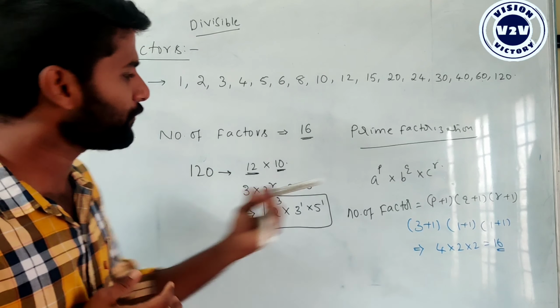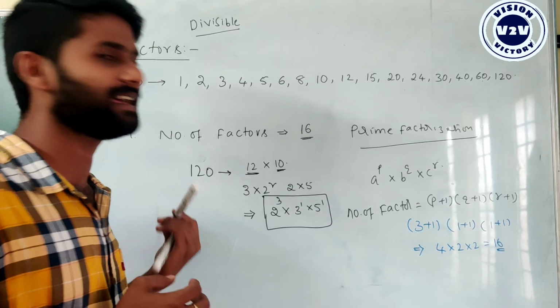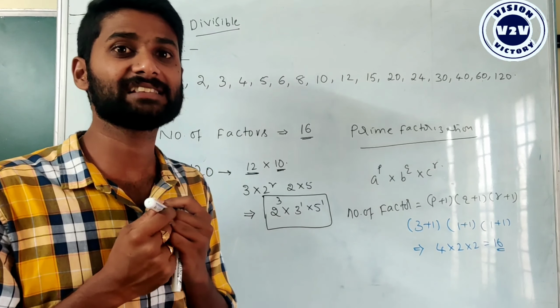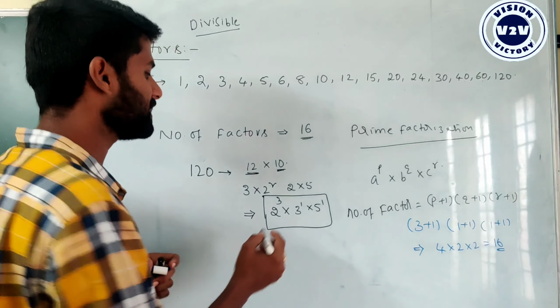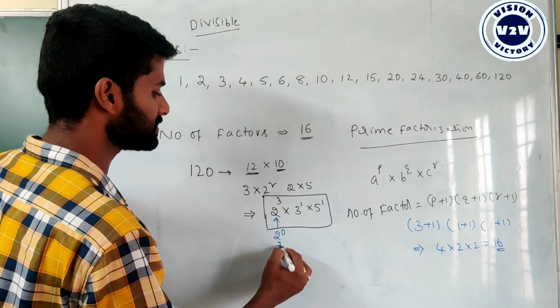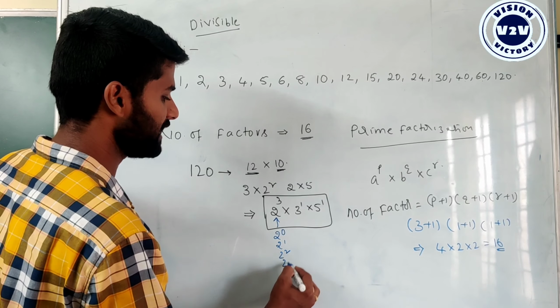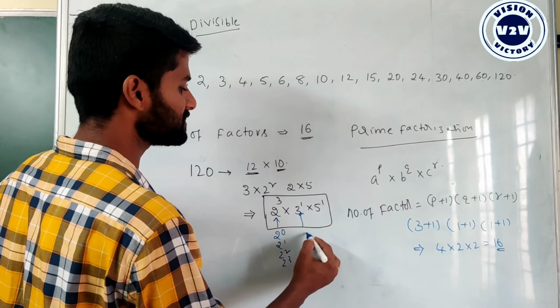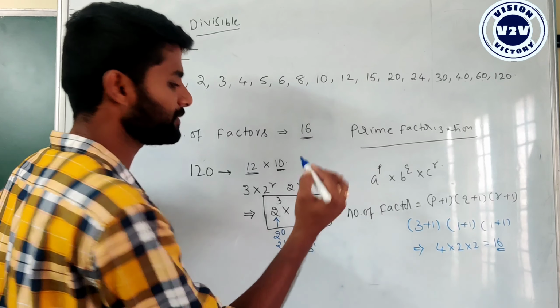If you forget the formula, you can go with the direct calculation. The concept deals with factors, and factors mean exact divisors. What are the exact divisors of 2 cube? 2 cube is exactly divisible by 2 power 0, 2 power 1, 2 square and 2 cube. Similarly, 3 power 1 is divisible by 3 power 0 and 3 power 1.